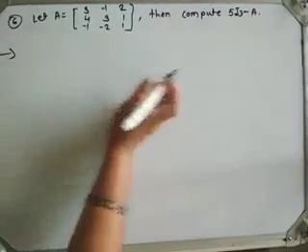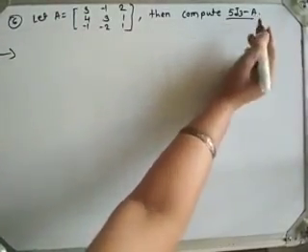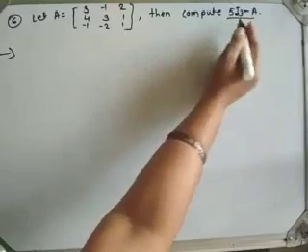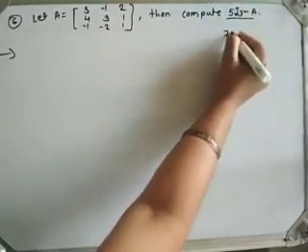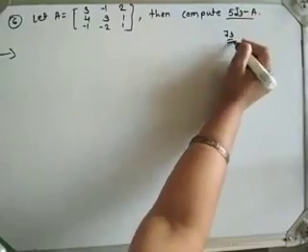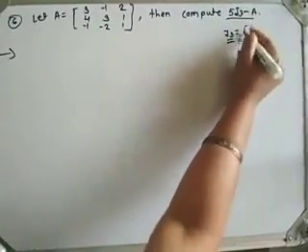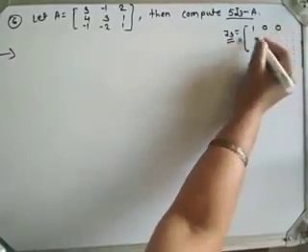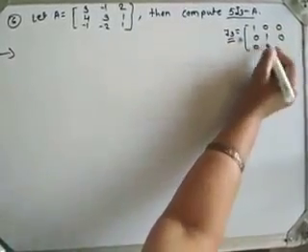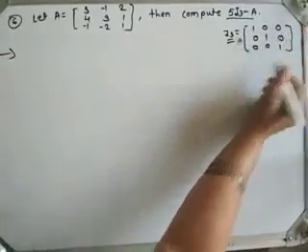Matrix A is given, then we have to compute 5 into I3 minus A. I3 is the identity matrix of size 3 by 3. What is it? 1 0 0, 0 1 0, 0 0 1.